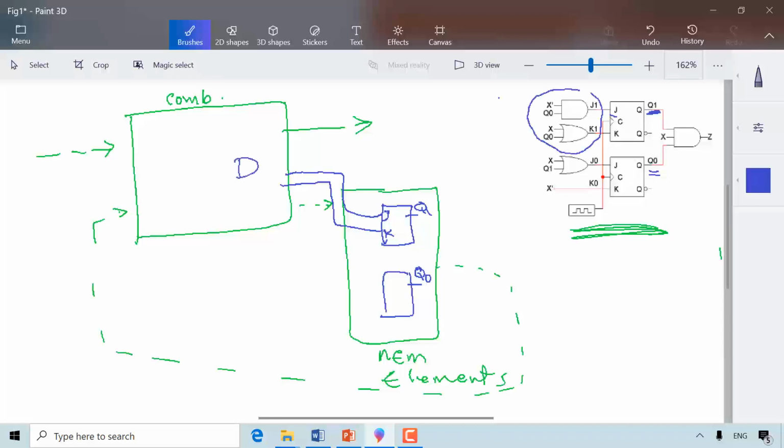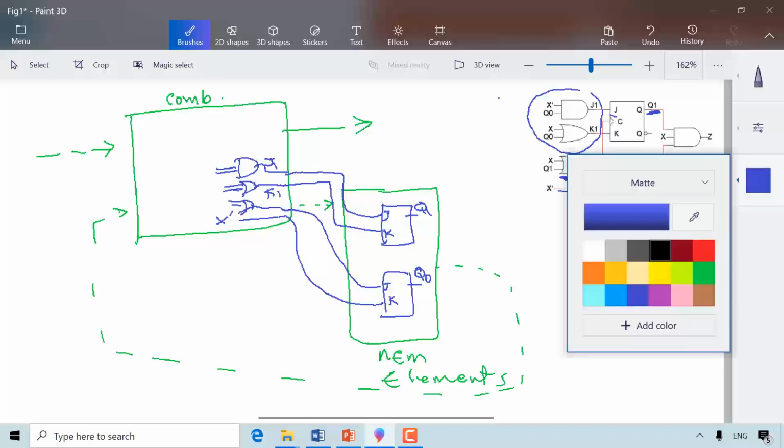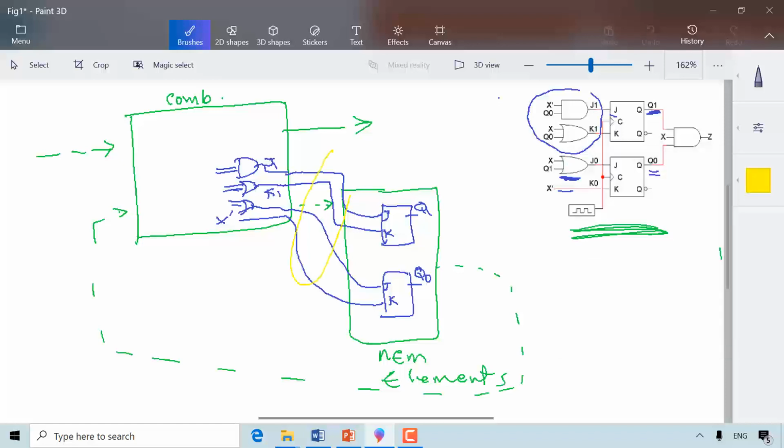I have an AND gate and an OR gate that generates the J1 and K1. Then this one here also has a J and a K, and they are coming from the same combinational circuit. So I have an OR gate here, and I have this as X prime. These are the inputs to the flip-flops coming from the combinational circuit.